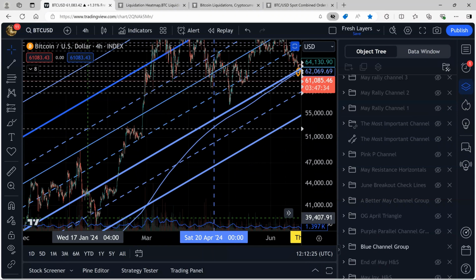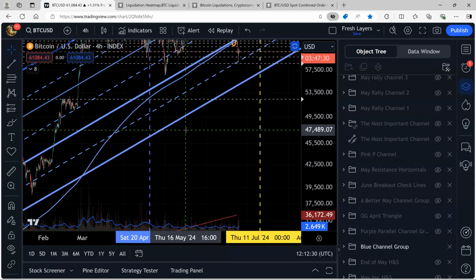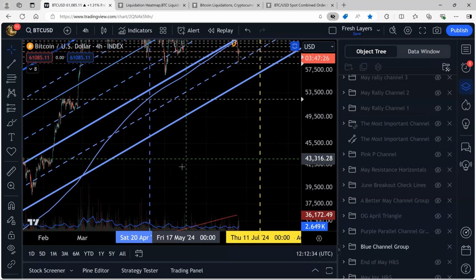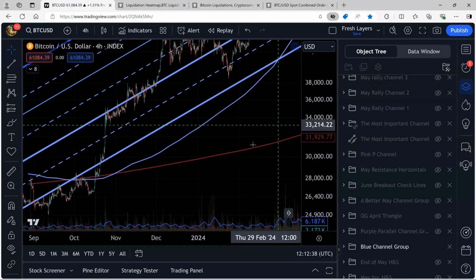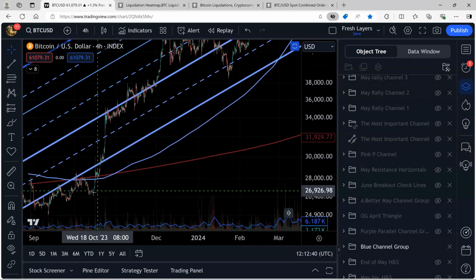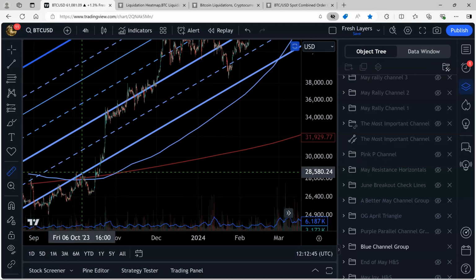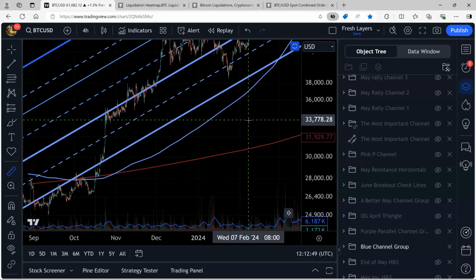The base of the channel is down here. Let's look at the worst case scenario of where we could go. We could come down to the bottom of the blue channel here. Actually, we could come out the bottom of the blue channel a little bit like we did back here. And that would be about half a channel width, even more.